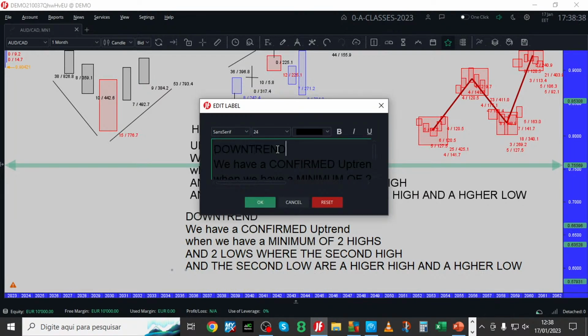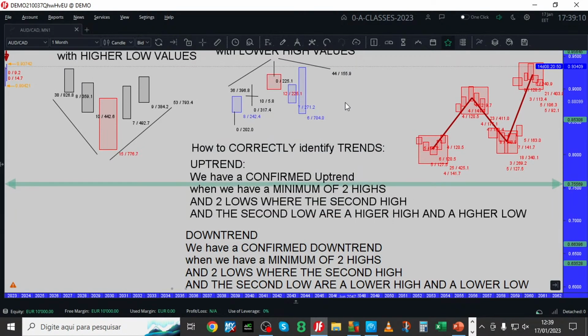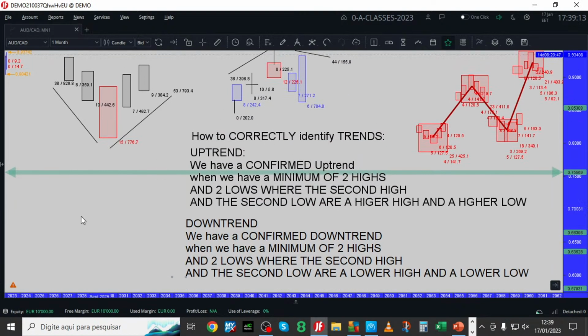We have a confirmed downtrend when we have a minimum of 2 highs and 2 lows, where the second high and second low are a lower high and a lower low. Lower low, exactly. It's all the same, just in reverse.